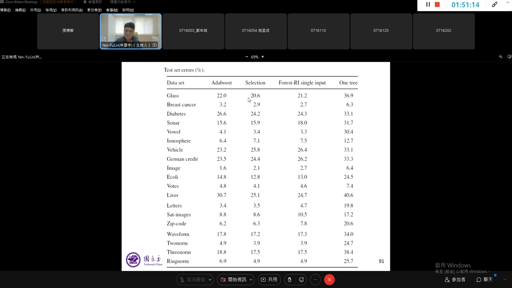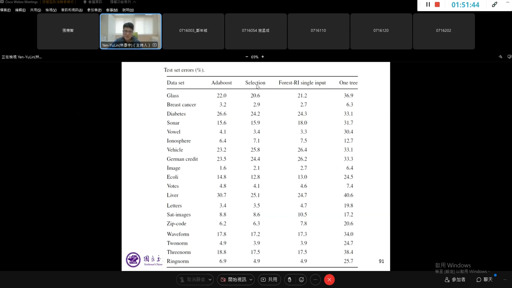So as you could see, a single decision tree produces a high error rate in the 20 data sets. Once we use a random forest RI variant, we can significantly reduce the test error rate. Okay, so as you could see, this is a significant improvement if we use random forest.